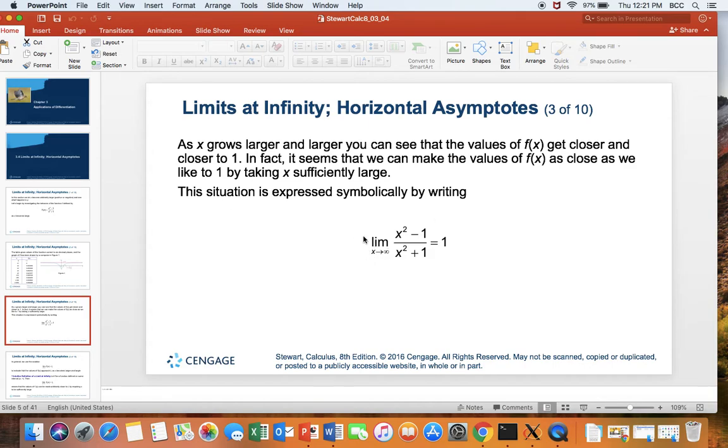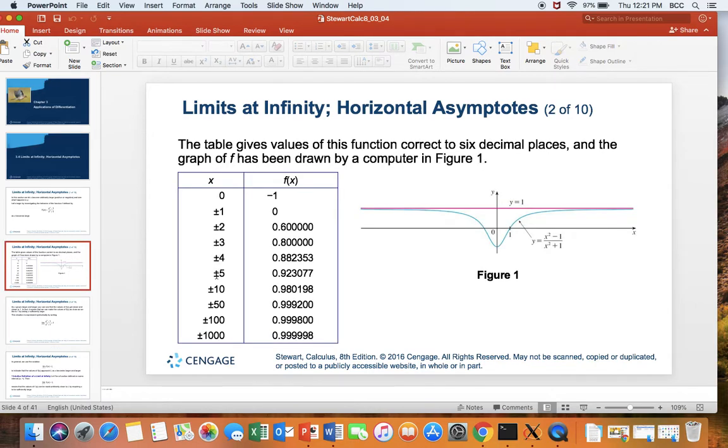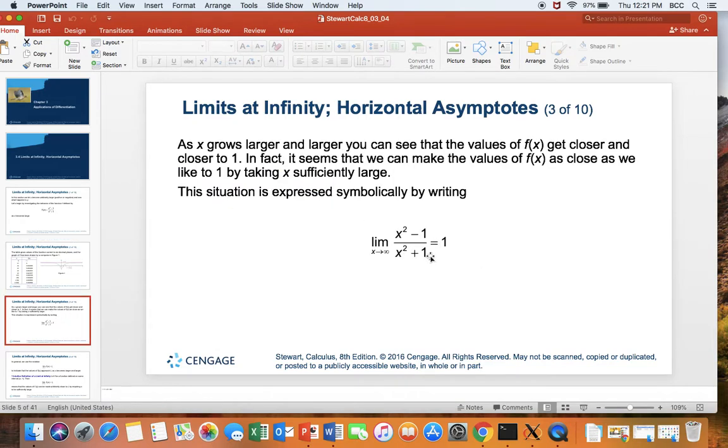That's what it means to say the limit as x approaches positive infinity of your expression is 1. Notice in here, as x approaches negative infinity, you also get 1. So you could rewrite it as limit as x approaches negative infinity, and the statement is still true.